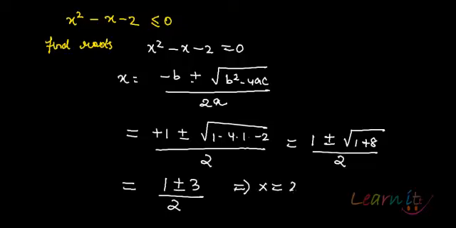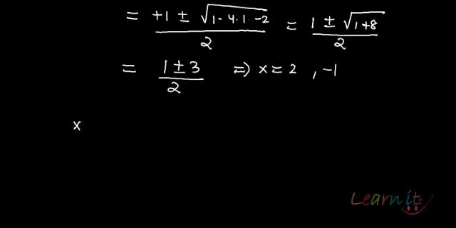So we will have to see the sign between these. Now, when will the expression be negative? We have to look for x square minus x minus 2 less than or equal to 0. And we know that this expression will be negative in case x lies between alpha and beta, that is x lies between minus 1 and 2.